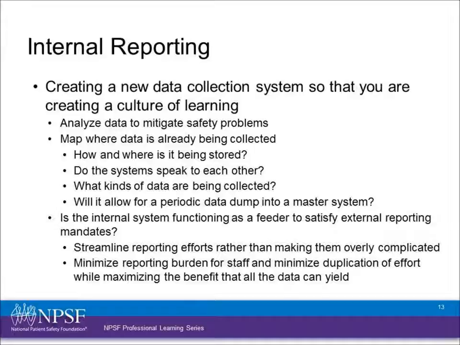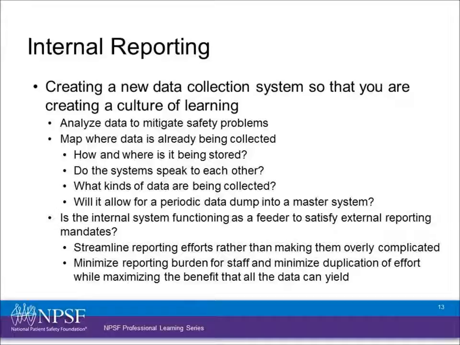What kind of data is being collected? Where is it being stored? Is it stored in a manner that will allow for a periodic data dump into a master system? Ideally, you should have systems that speak to each other so that when you find a particular problem, perhaps on a particular unit, you can actually dig deeper into different data sets to get a different perspective or view of that problem.